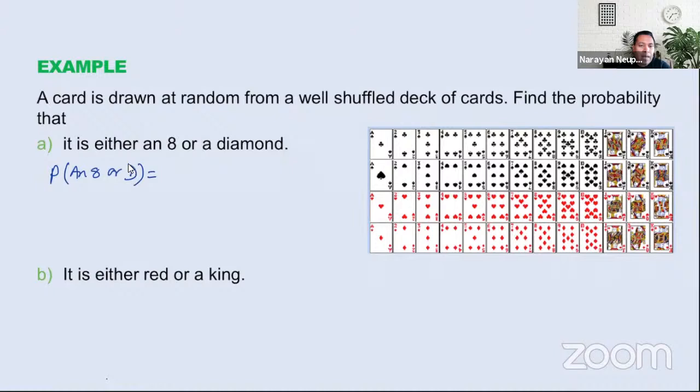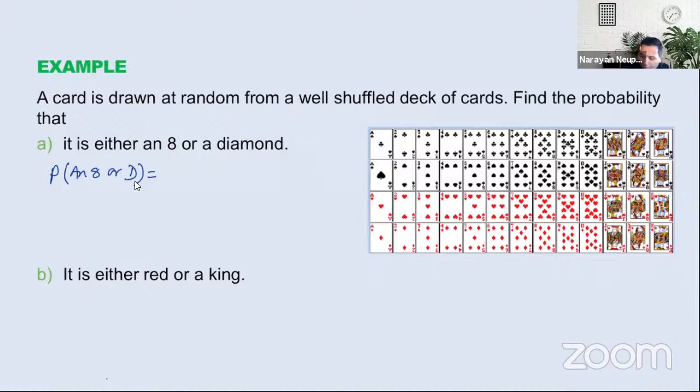The other way of looking at it: can a diamond be an 8? Yes, a diamond can be an 8 also. That means there is one card that is shared between these two. That means they have something in common, so this is an inclusive event.